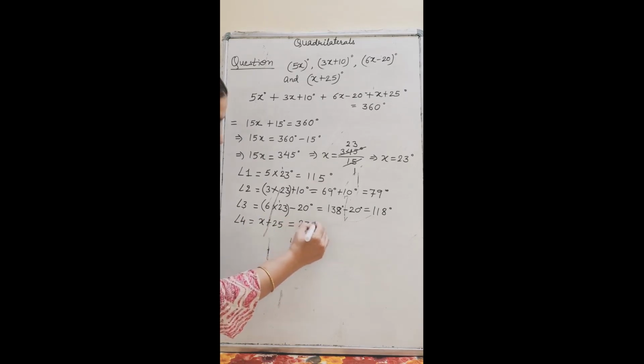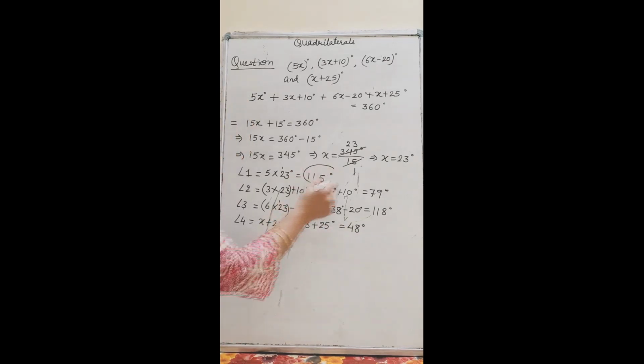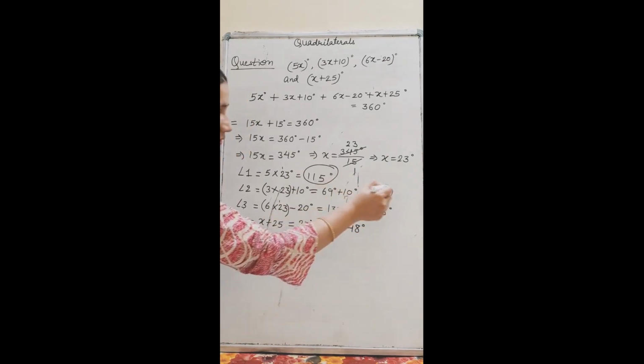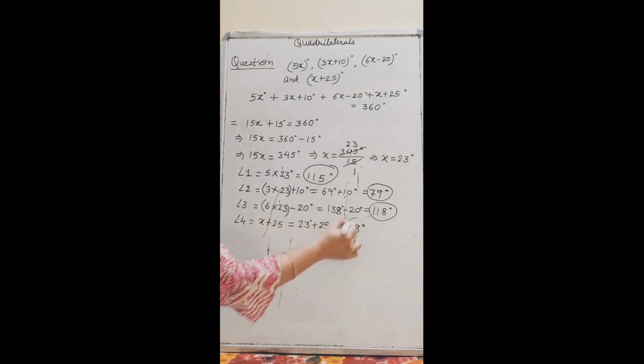So 23 plus 25 is equal to 48 degree. So the four angles are 115 degree first angle, 79 degree second angle, 118 degree third angle and 48 degree fourth angle. So our solution is over.